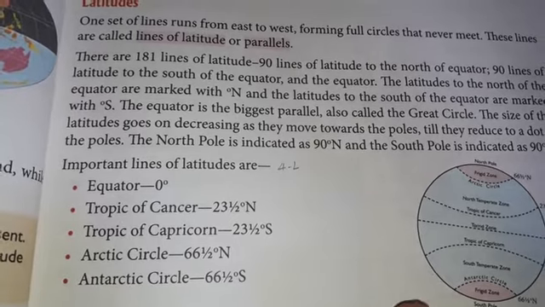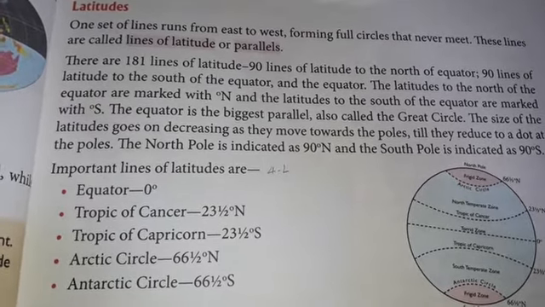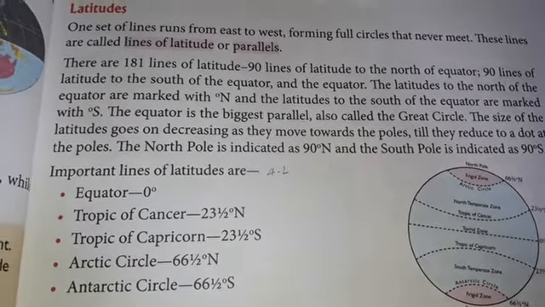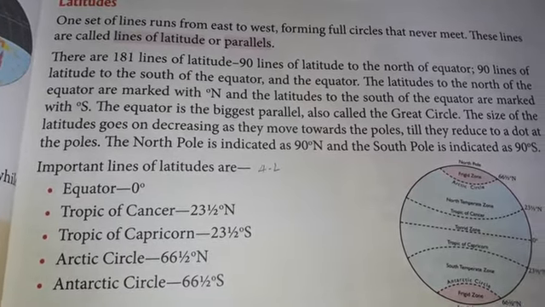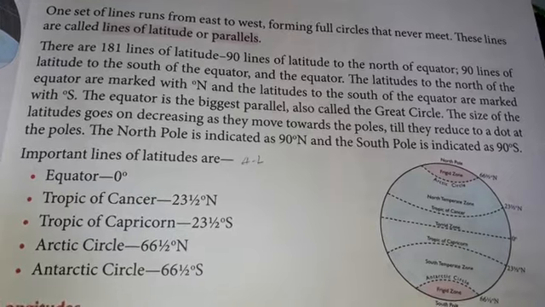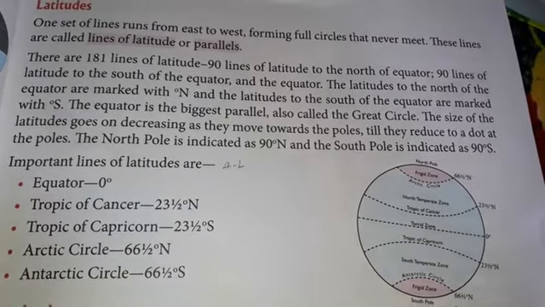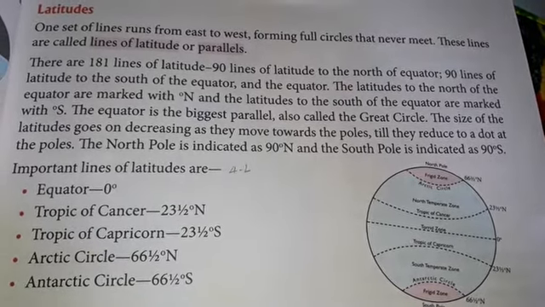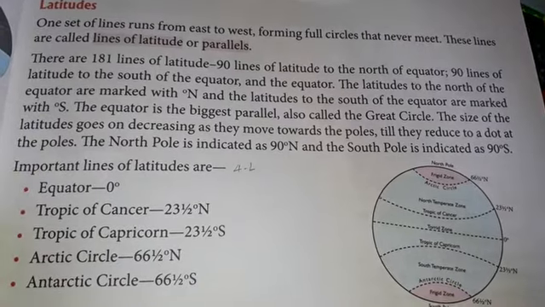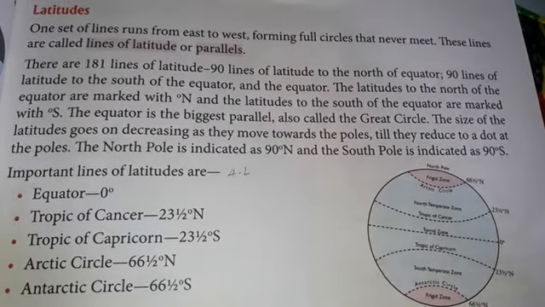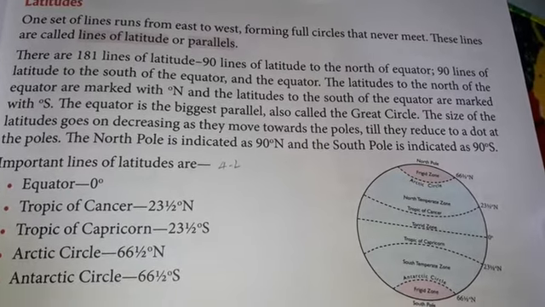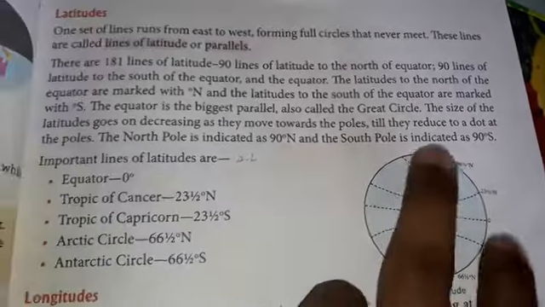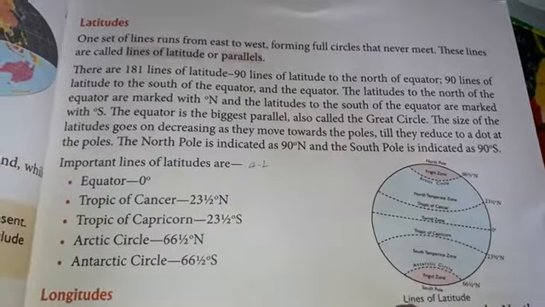The equator is the biggest parallel, also called the great circle. The size of latitudes goes on decreasing as they move toward the poles till they reduce to a dot at the poles. The North Pole is indicated as 90° north and the South Pole is indicated as 90° south.